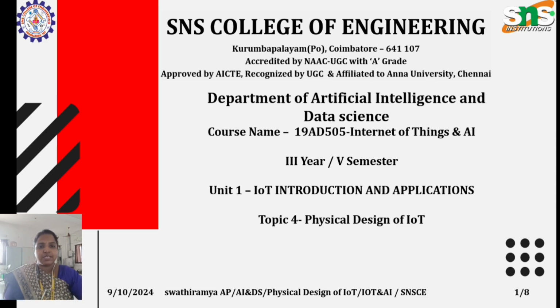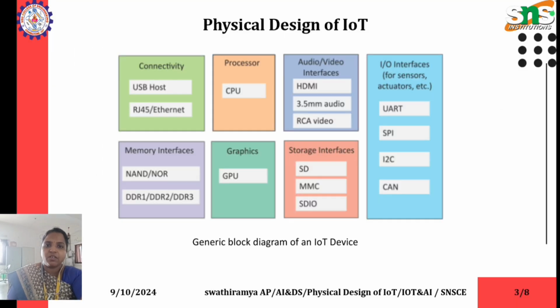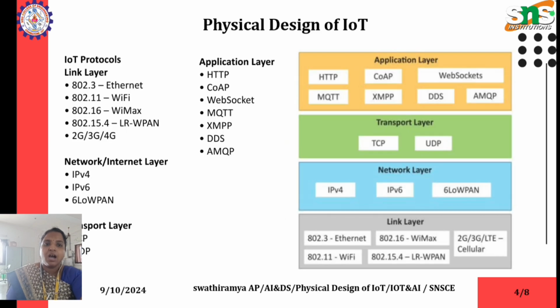In this video, we are going to discuss the physical design of IoT. In the previous video, we were discussing the different interfaces in IoT, and the different layers and the responsibilities of those layers. We discussed the link layer, which is responsible for the physical transmission of data: what kind of network we are going to use, what the physical medium of transfer will be, and what protocols we are going to use in IoT.